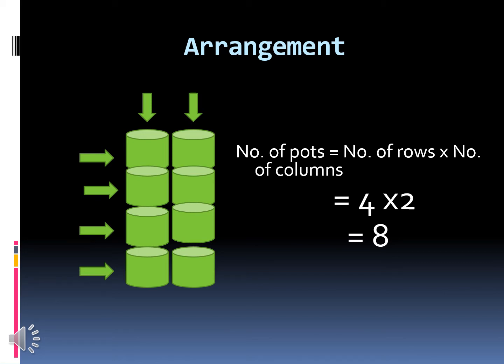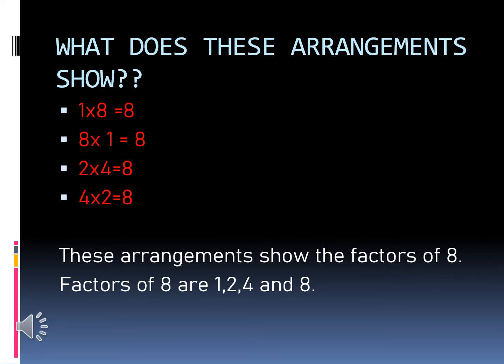You can try any arrangement yourself also to get 8 pots, but keep in mind that you should get a rectangular boundary. So what do these arrangements show? 1 8s are 8, 8 1s are 8, 2 4s are 8, 4 2s are 8. If you see carefully, 1 exactly divides 8, 2 exactly divides 8, 4 exactly divides 8, and 8 itself exactly divides 8.